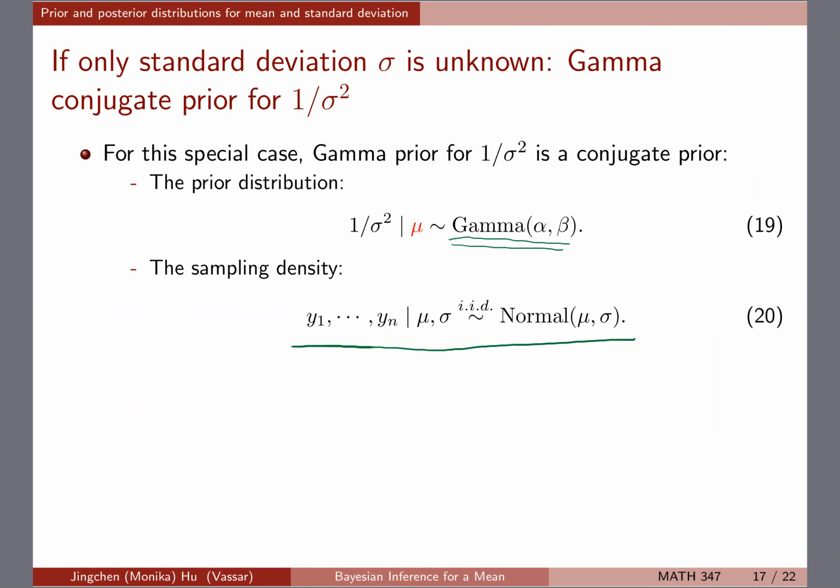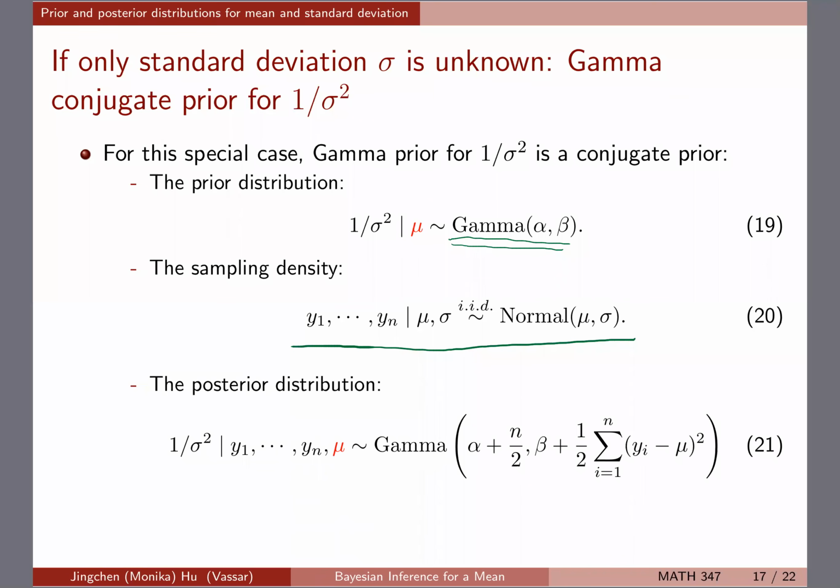Okay. So now, as you can see, the next step is how to derive the posterior. Okay, so I'm showing you the results for now. This derivation is much simpler than what we did previously for the mean case. But I want to show you that if you start with gamma alpha beta for 1 over sigma squared, and if the sampling density is still the IID normal that we used to have, then the posterior distribution for 1 over sigma squared is going to be another gamma.